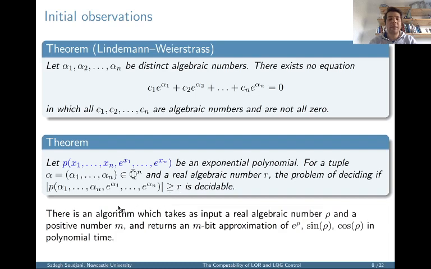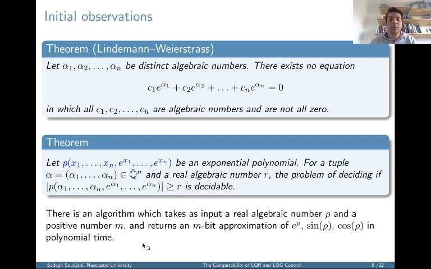I use an approximation of the left-hand side with enough bits to check whether it's greater than r or not. And since the equality doesn't hold, I know there is a gap, and this gap is useful for finding the number of bits for the approximation of the left-hand side.